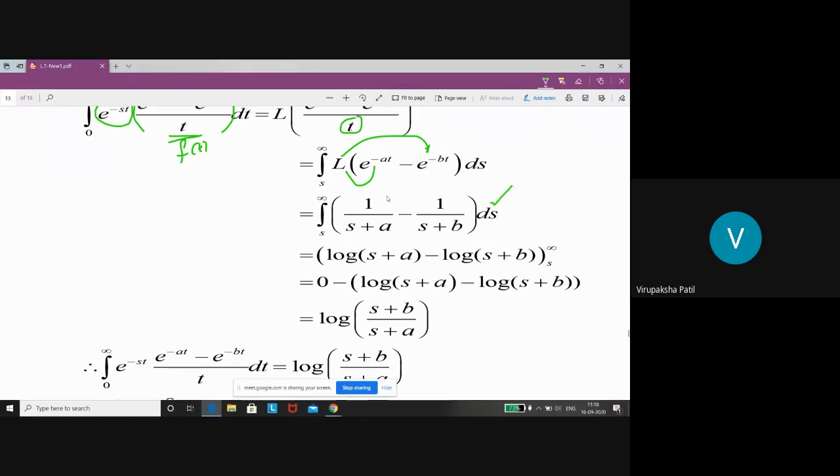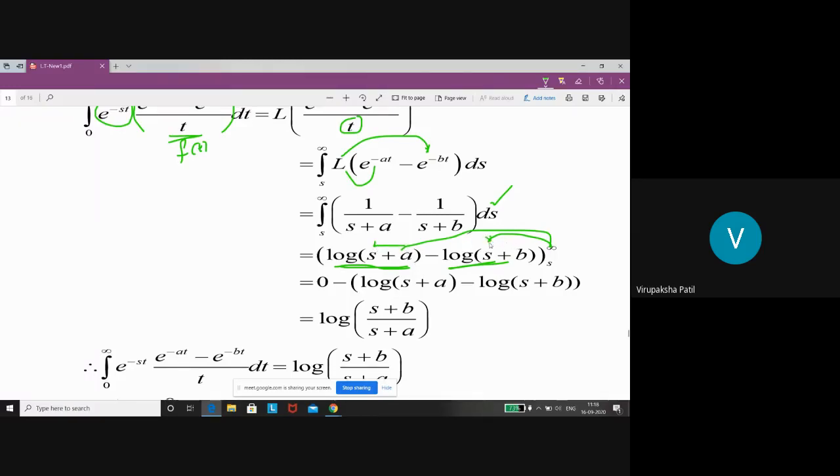Okay. Now we will integrate this. What is the integration of 1 divided by s plus a? It is log of (s plus a), minus, what is the integration of 1 divided by s plus b? It is log of (s plus b), in between the limits s to infinity. Now put the upper limit here. What happens in place of s?